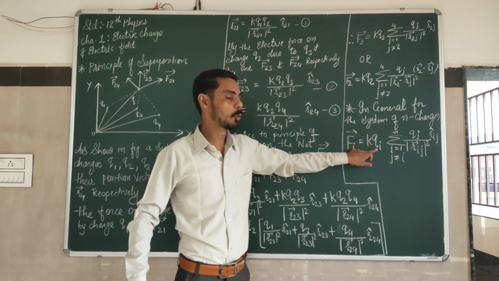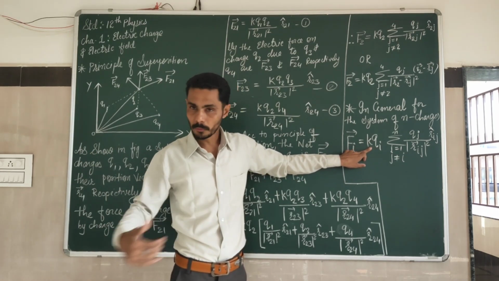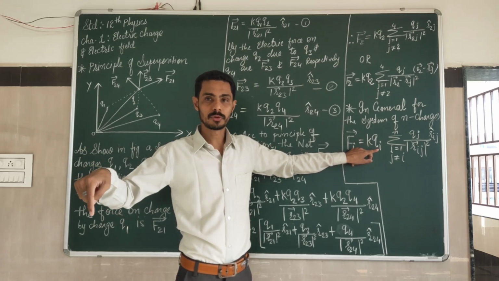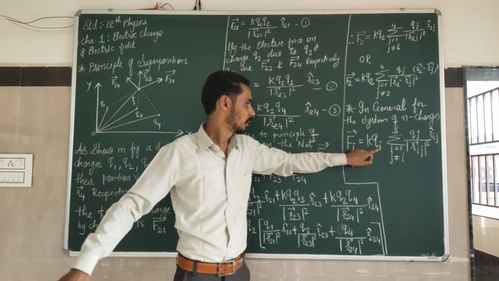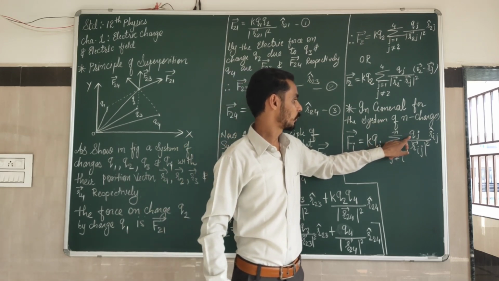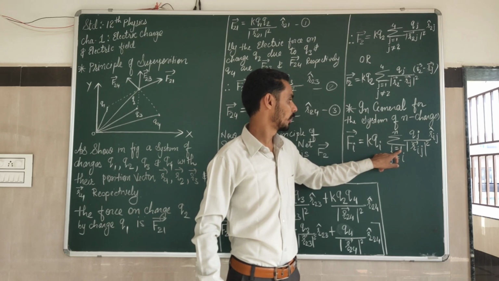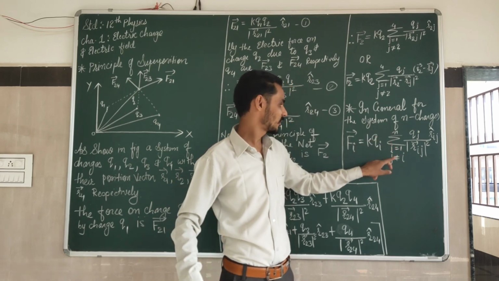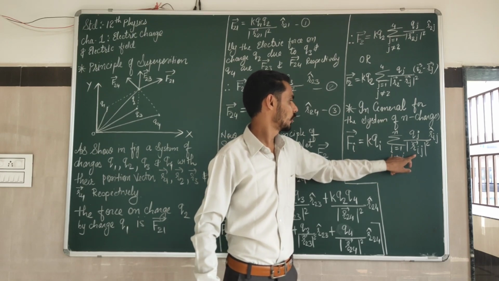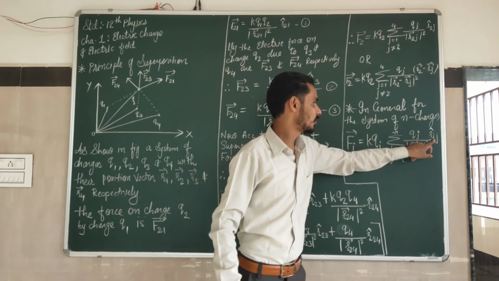So that will become K Qi. K is a constant that will come out of all the terms, and Qi is the charge on which we are finding the net force by the rest of the n particles. So K Qi comes out, then the summation of Qj, where j goes from 1 to n, all values except i, which we have to leave. Again, Rij, the whole square, and Rij cap.